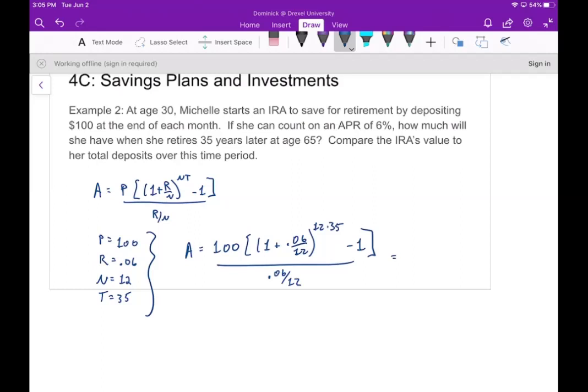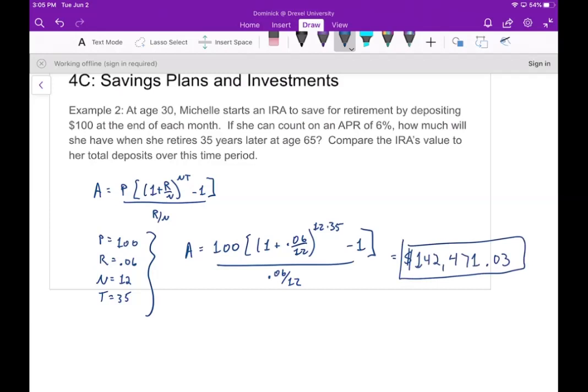Okay, then minus 1, and then divide all that by 0.06 divided by 12. All right, so it looks like we're going to end up with $142,471.03. So that's how much we can expect to be there after the 35 years, right?